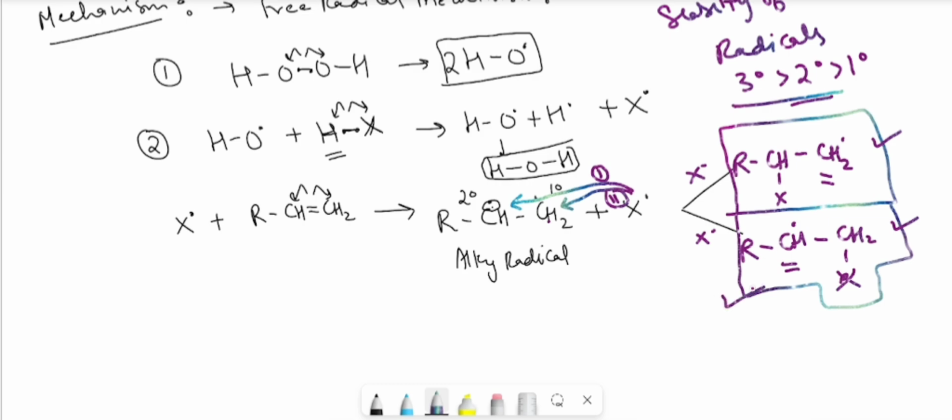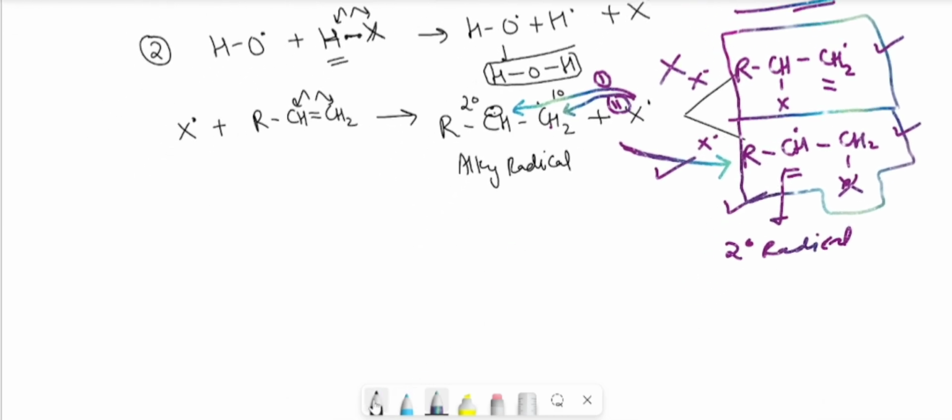So the secondary radical is more stable, so the reaction will follow this path, not this path, because of the formation of the secondary radical. After the formation of the secondary radical, what will happen next?